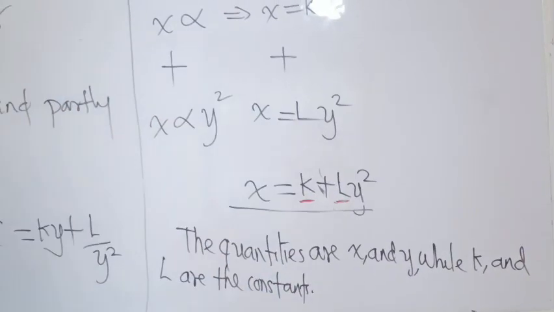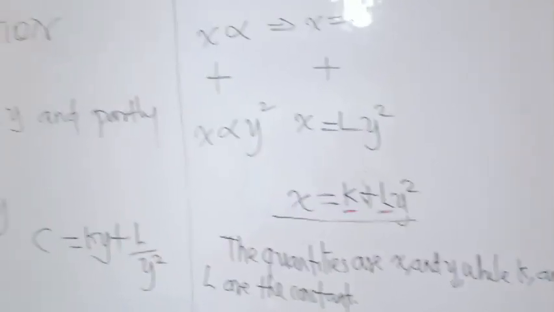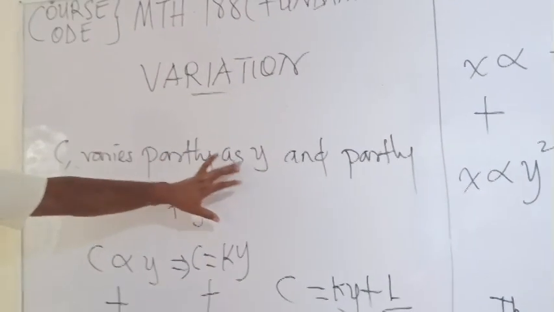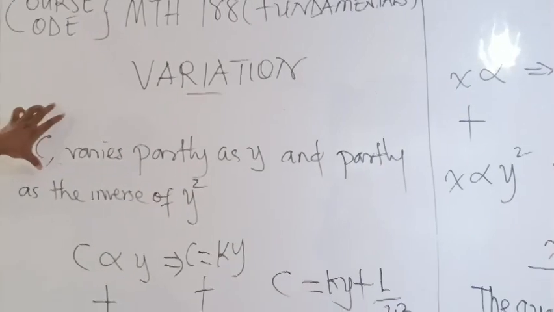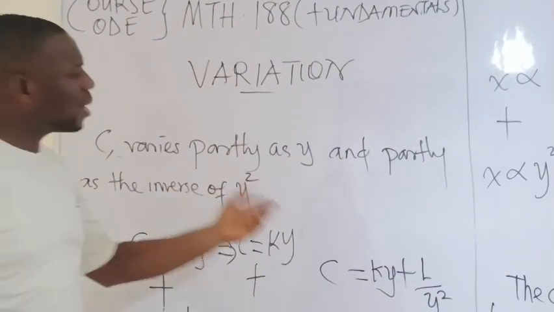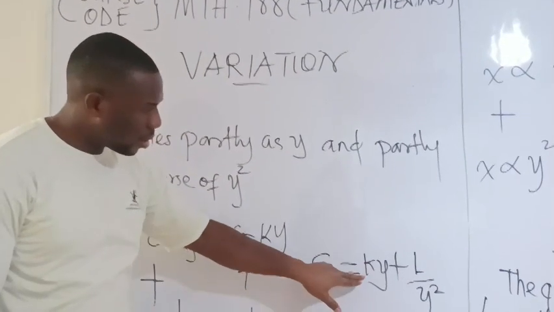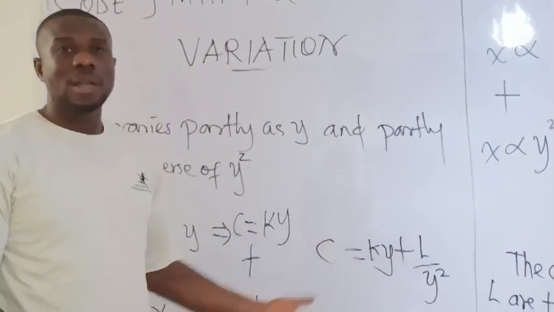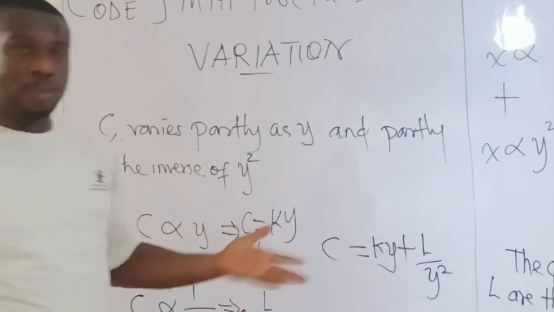Just the constants. The same goes with this: c varies partly as y. So the quantities here are c and y. Every other letter you see here, like k and L, stand for the constants of proportionality.